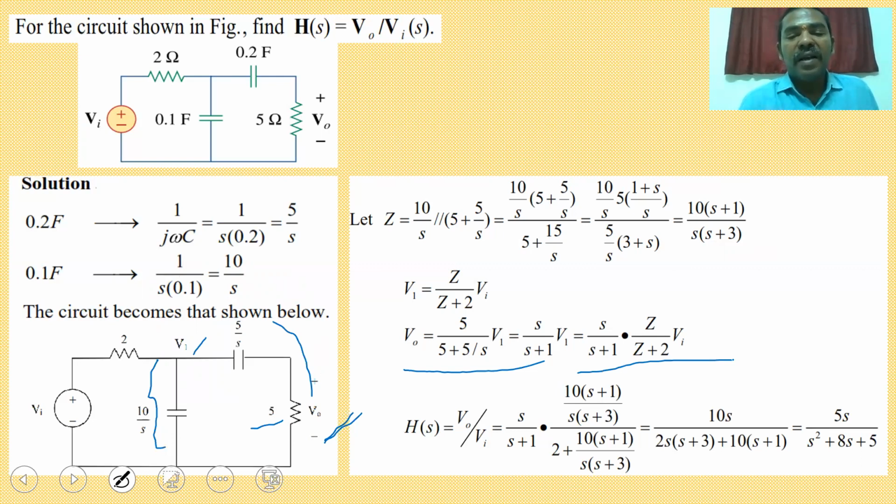So here the Z value is how much? 10 into S plus 1 by S into S plus 3. So if you substitute, the H of S value, V1 by Vi, is equal to 5S divided by S square plus 8S plus 5. So like this you have to go for the calculation of the transfer functions.